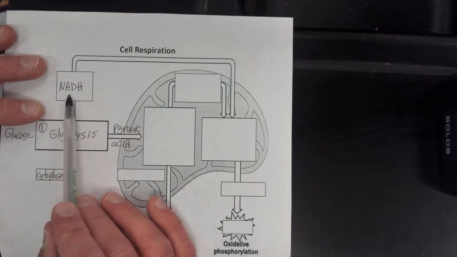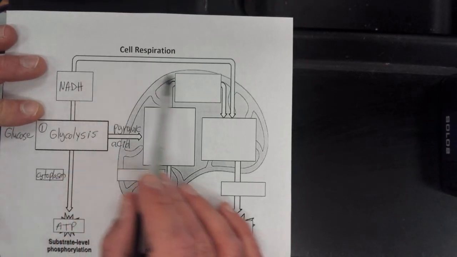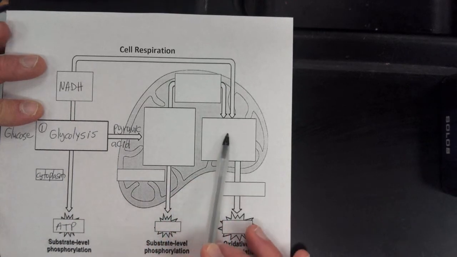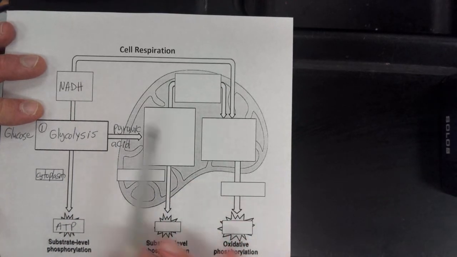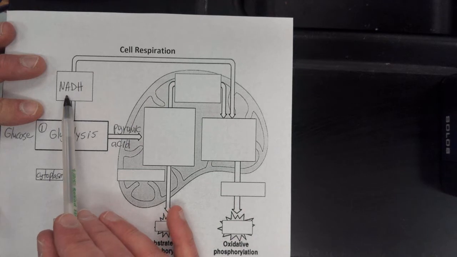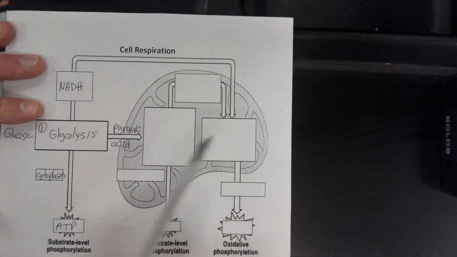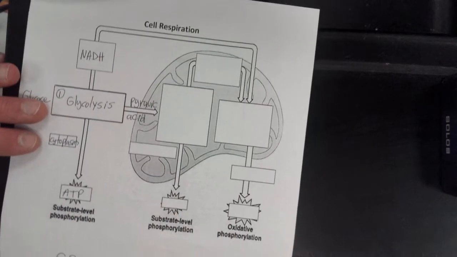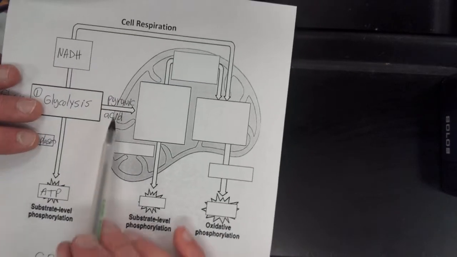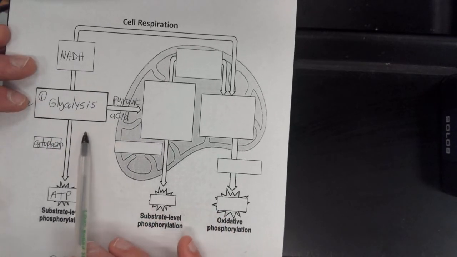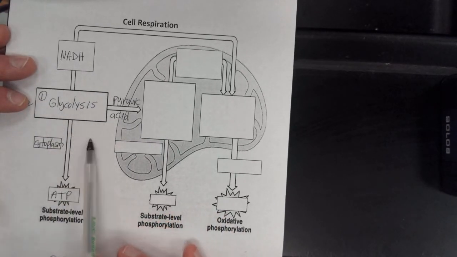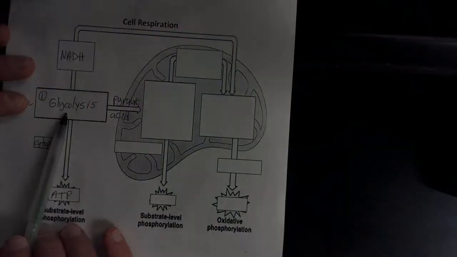And it's going to take its electrons over to the third final step of cell respiration. Okay, so stay tuned for that. So NADH is carrying electrons, it's high energy, it'll take those electrons to the third step here. Okay, so if oxygen is not present, anaerobic conditions, we just have glycolysis happening.